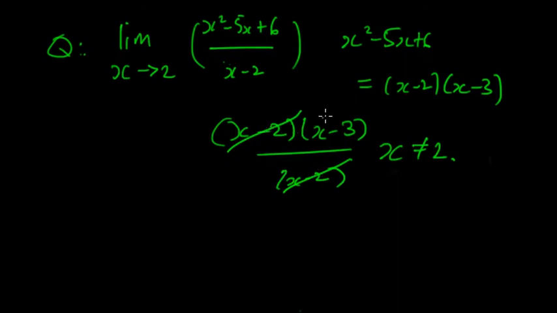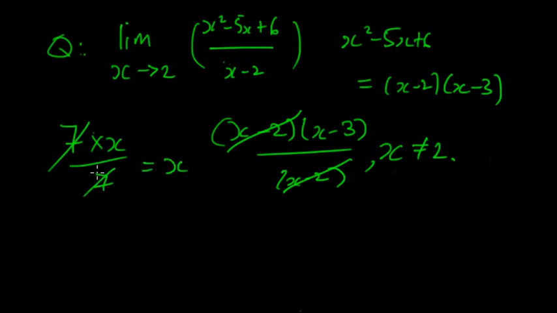So that's a rule that when you cancel two numbers, that's only for when those numbers don't equal 0. And that's because you have to say that x cannot equal 2, because when x does equal 2, this function is undefined. So when you have an expression, let's say 7 times x over 7, you just cancel those and it just equals x.